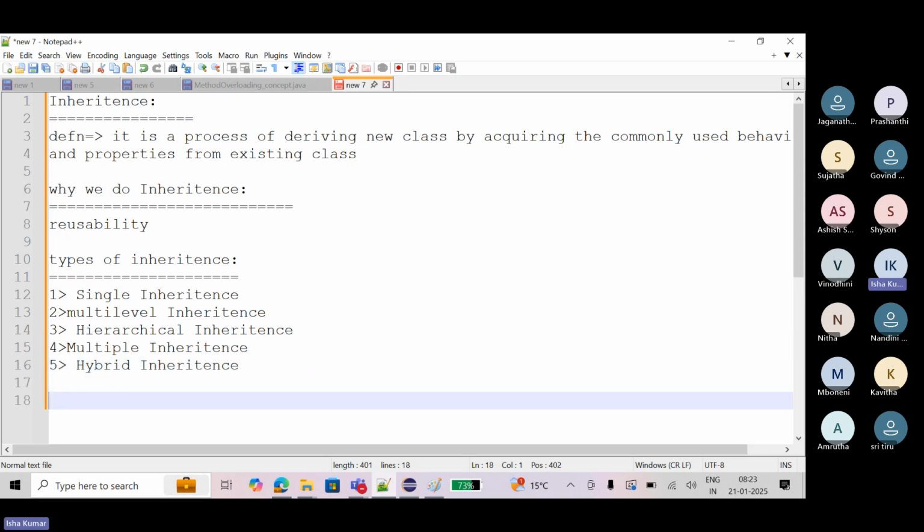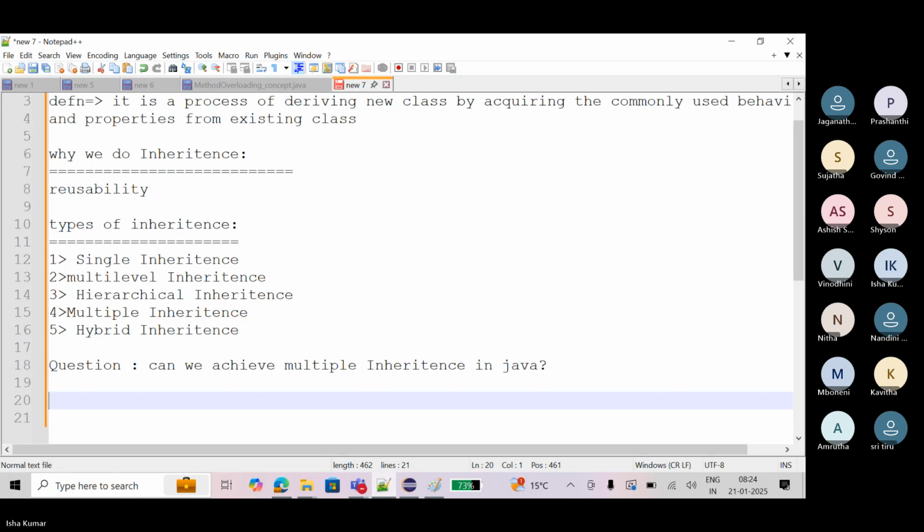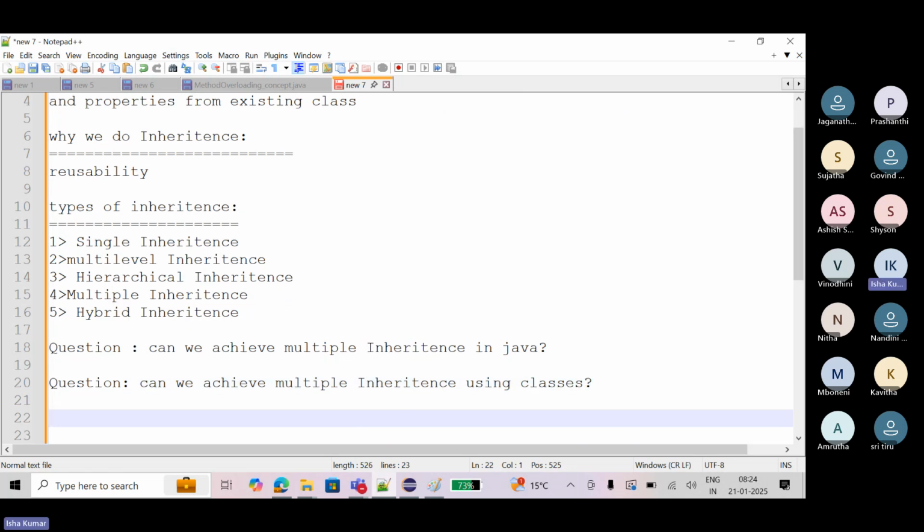The most commonly asked question, I am writing here. Interview question: can we achieve multiple inheritance in Java? Next question.